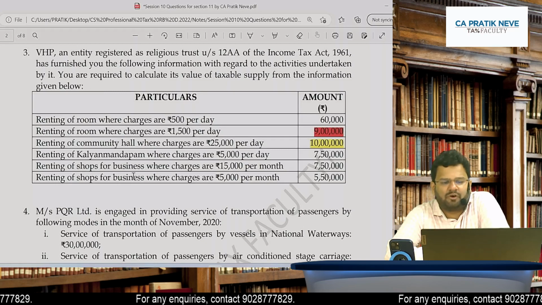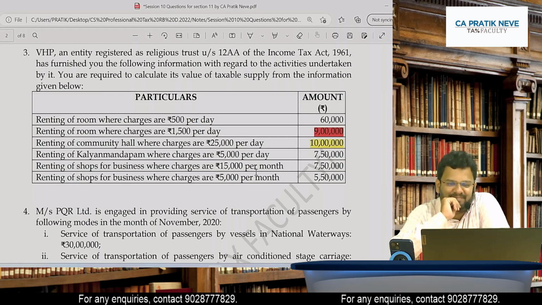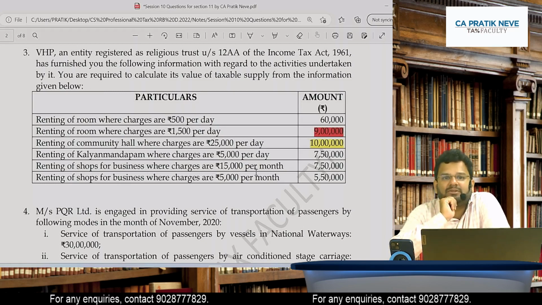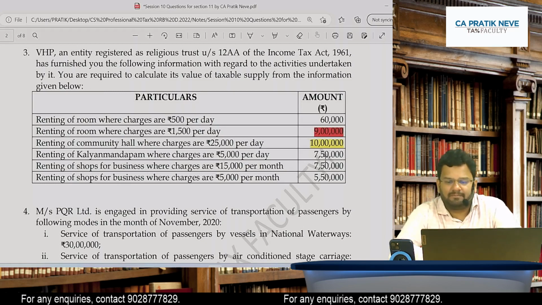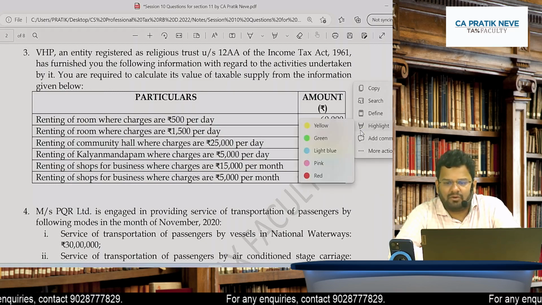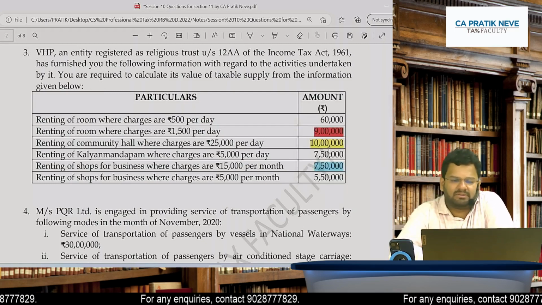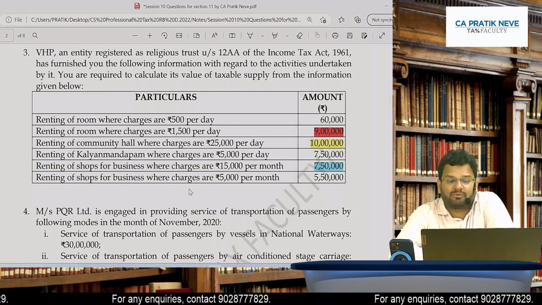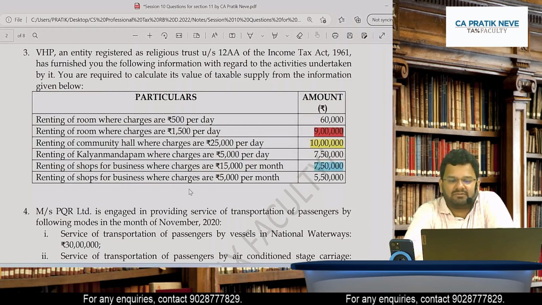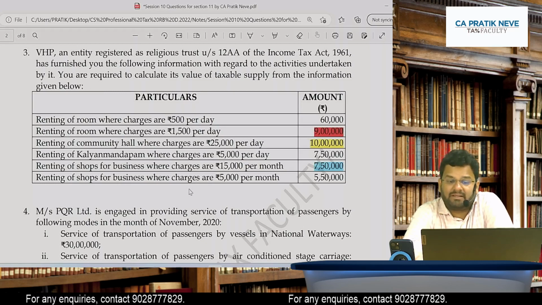Renting of shops for business where charges are 15,000 per month will become taxable because it is 10,000 or more per month. And renting of shops for business where charges are 5,000 per month, of course, this will become exempt.